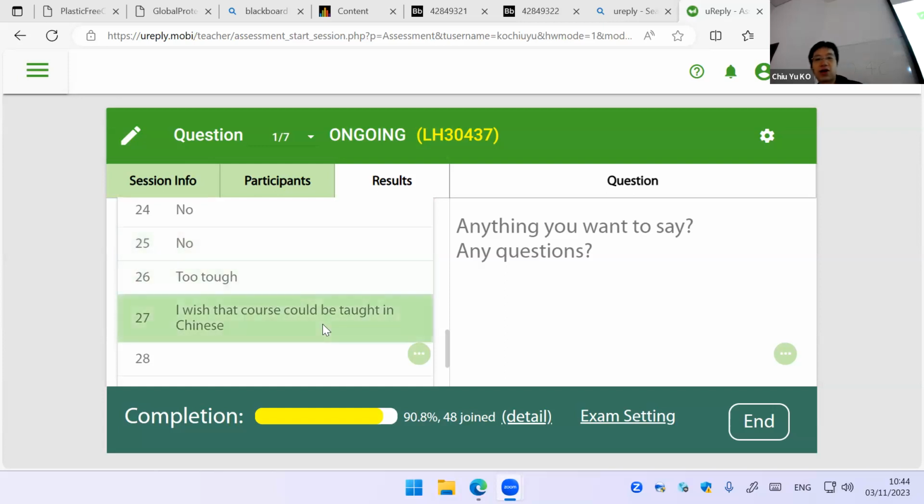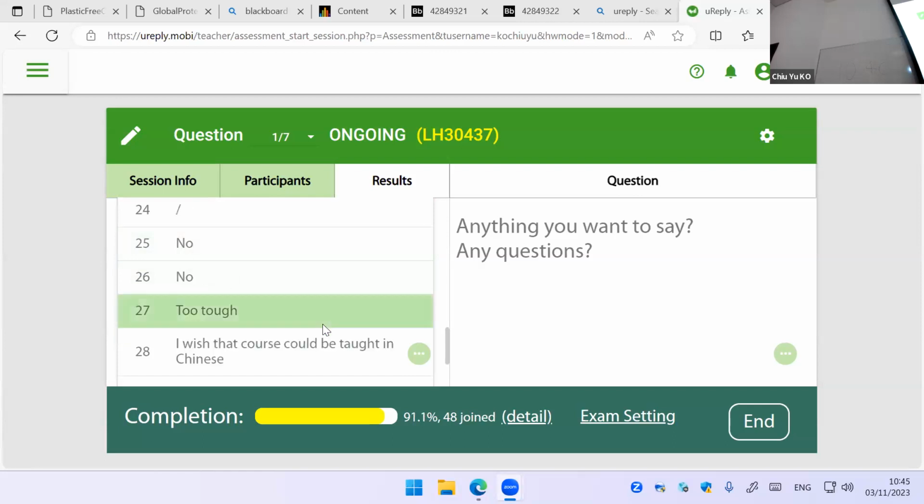I wish that the course could be taught in Chinese. I wish so, but that is one of the reasons why I came back to Chinese U. But the fact is that at Chinese U, the B school is internationalized, so I have to speak in English. In the rare case, if you want to ask me a question in private, I can talk in Chinese, no problem. But when I teach, we have to do it in English.